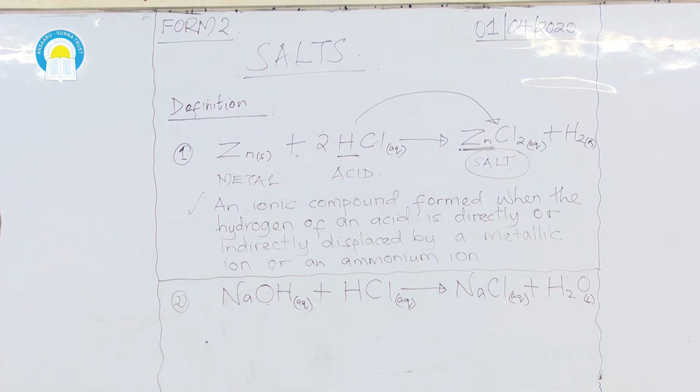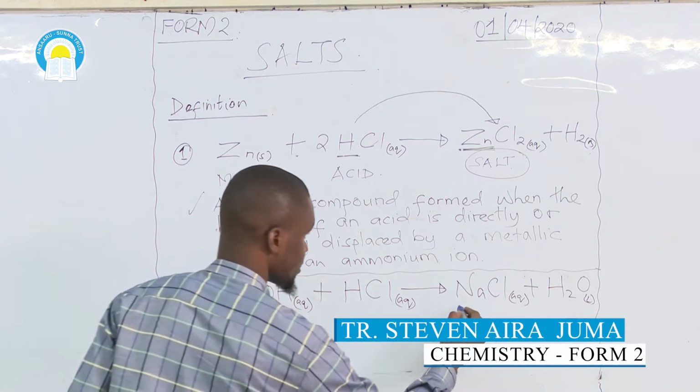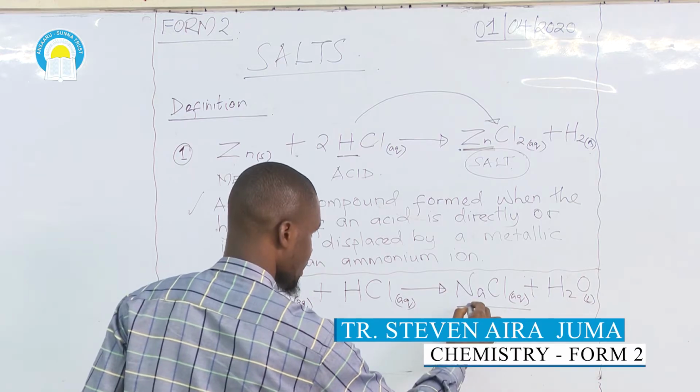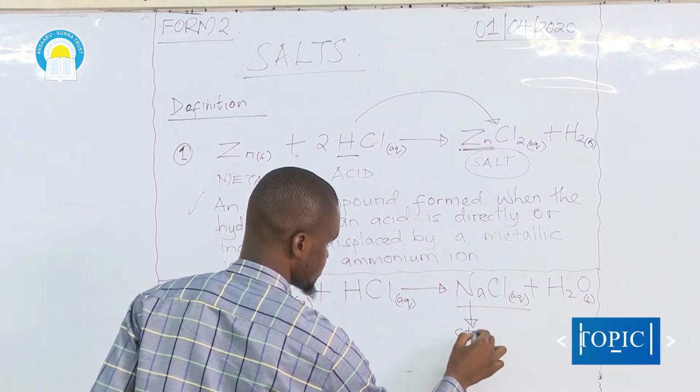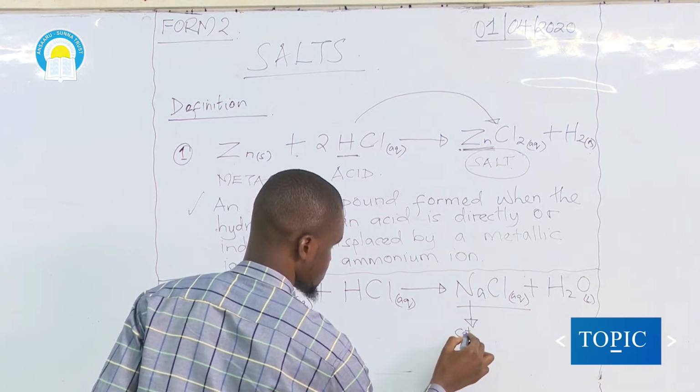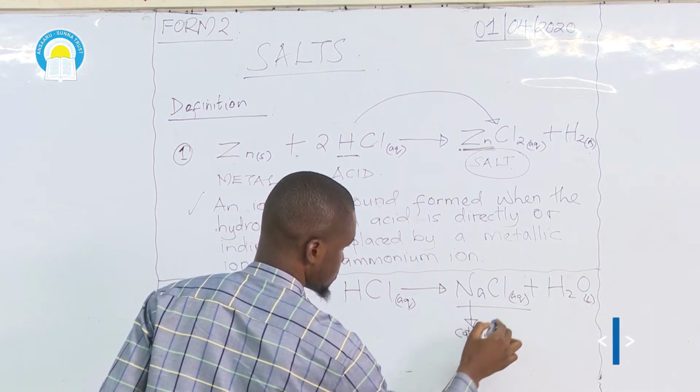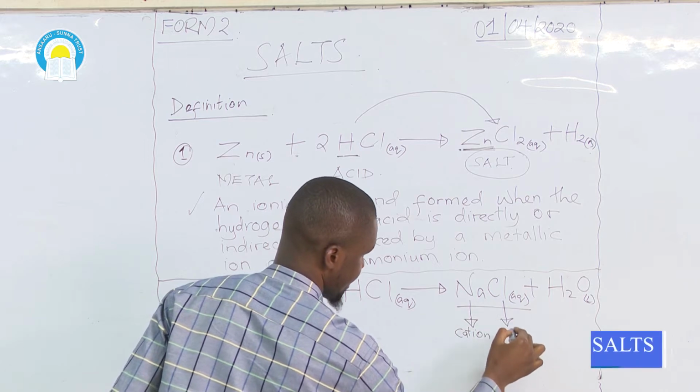Then in equation number 2, our salt is sodium chloride. And in the sodium chloride, we have the cation there. Then on the other side, we have the anion.